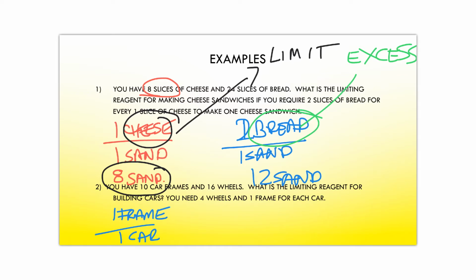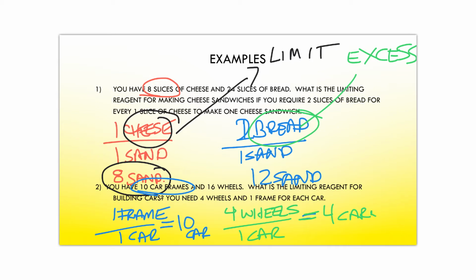And then over here it's 4 wheels per 1 car. And then if you did the math, you had 10 car frames, so you could make 10 cars. And here you would only make 4 cars because 16 wheels divided by 4, because 4 wheels per car, gives me 4 cars.